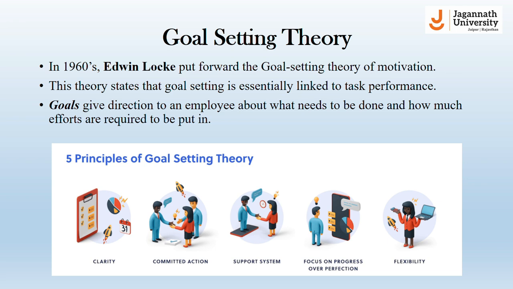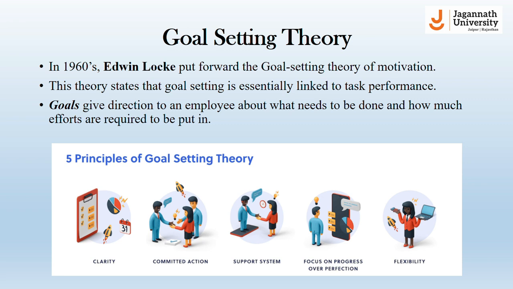Fourth principle is focus on progress over perfection. So what happens at times, because we have already discussed that goals are time bound, we have to take care of the time limits to accomplish that task.